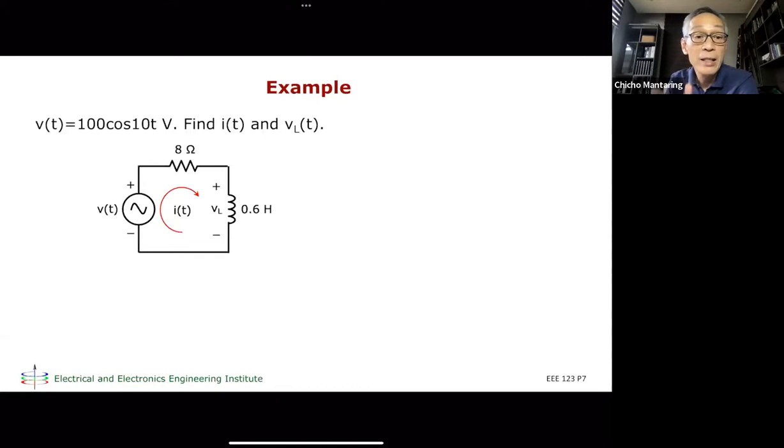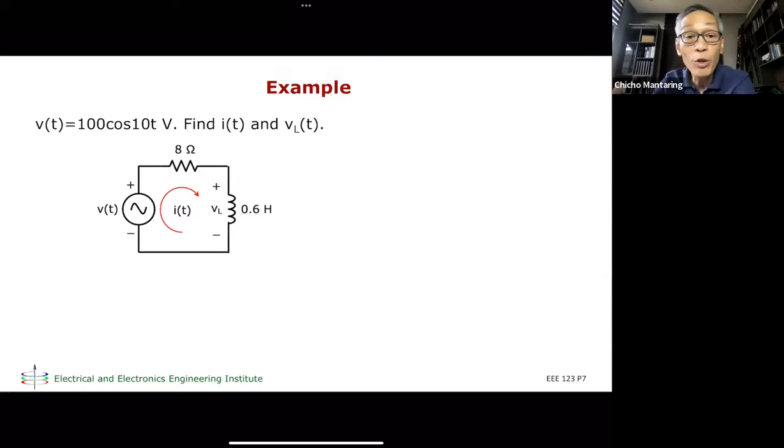Meaning to say, since this is cosine, at time t equal to 0, your cosine function is at its maximum value. Dahil cosine siya. And the problem here is to find the current that flows through my circuit and the voltage across my inductance.